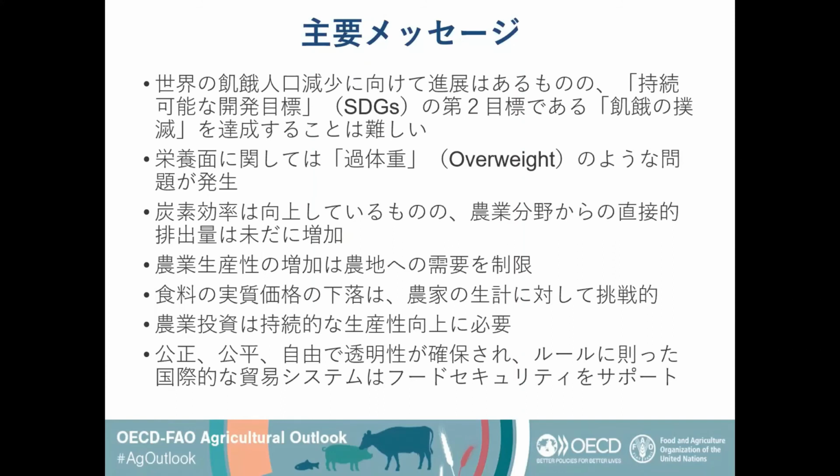And we have, as Holger said, an increased carbon efficiency, but still increasing emissions from agriculture. So that means there's more potential for innovation, for productivity growth, and so on, in combination to actually achieve also a reduction of emissions to contribute to the commitments in the Paris Accord to reduce overall emissions.